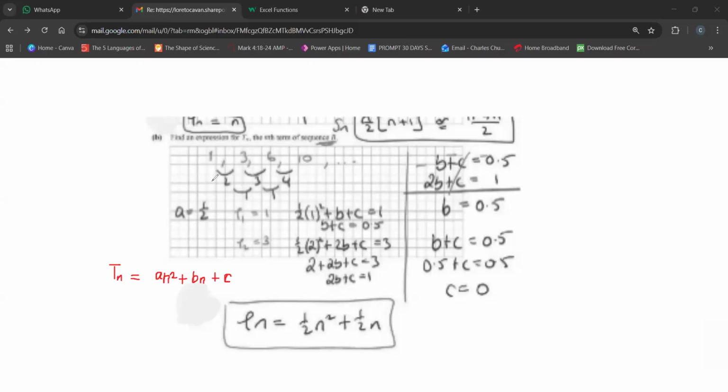So when you see that kind of scenario, then you can safely conclude that it is a quadratic sequence. So the thing now is, how do we know what our A is? I think there's a formula for A itself.